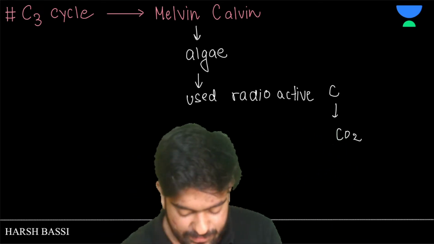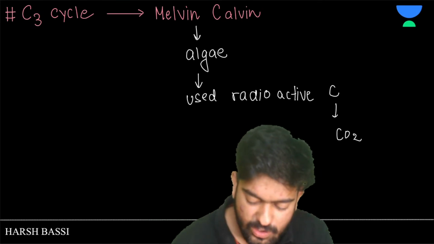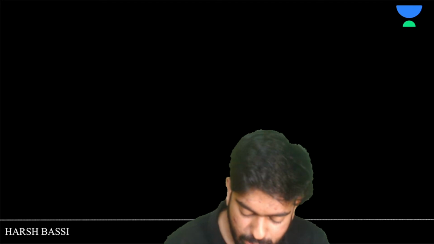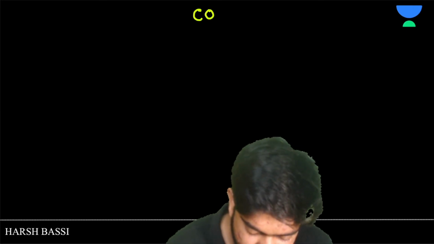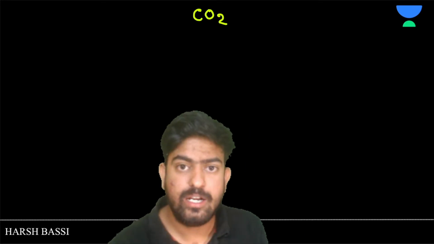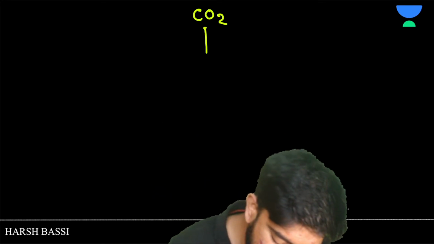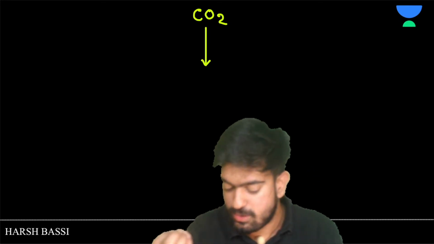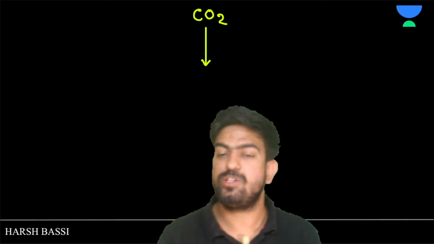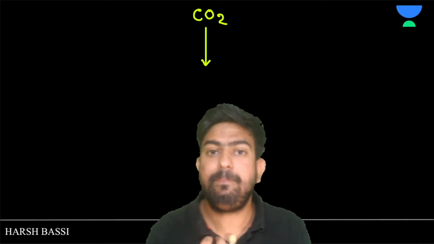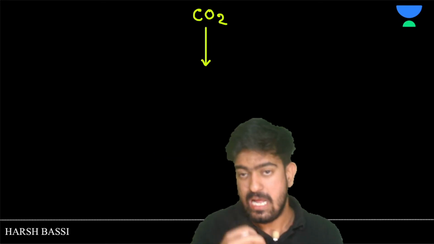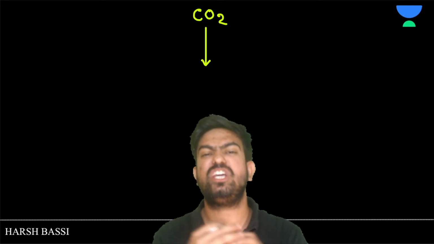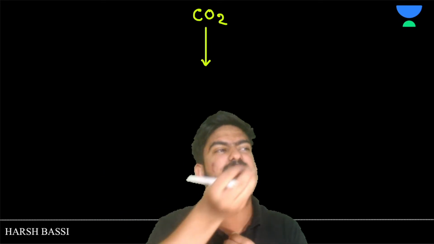Now he took the radioactive CO2. First of all, he discovered that when radioactive CO2 is entering into the algal cell, there is a person sitting inside the algal cell who is eagerly waiting for CO2, like, CO2 please come, CO2 please come.